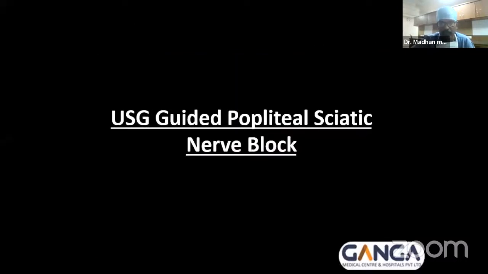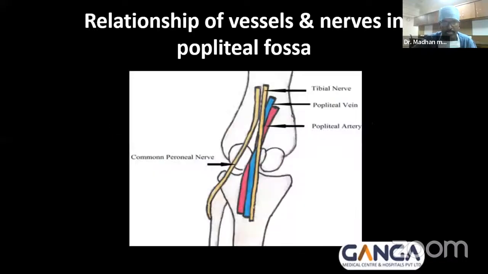Coming on to the USG guided popliteal sciatic nerve block. First of all, we will learn about the relationship of vessels and nerves in the popliteal fossa. Imagine this is the popliteal fossa. In the proximal, upper part of the fossa, the relationship of the neurovascular bundle from medial to lateral is artery, vein, and then the nerve.